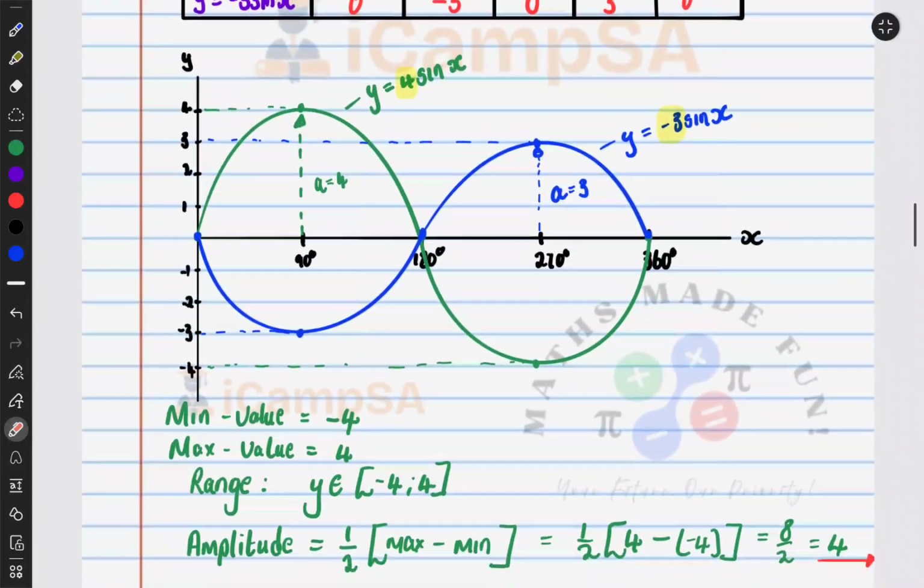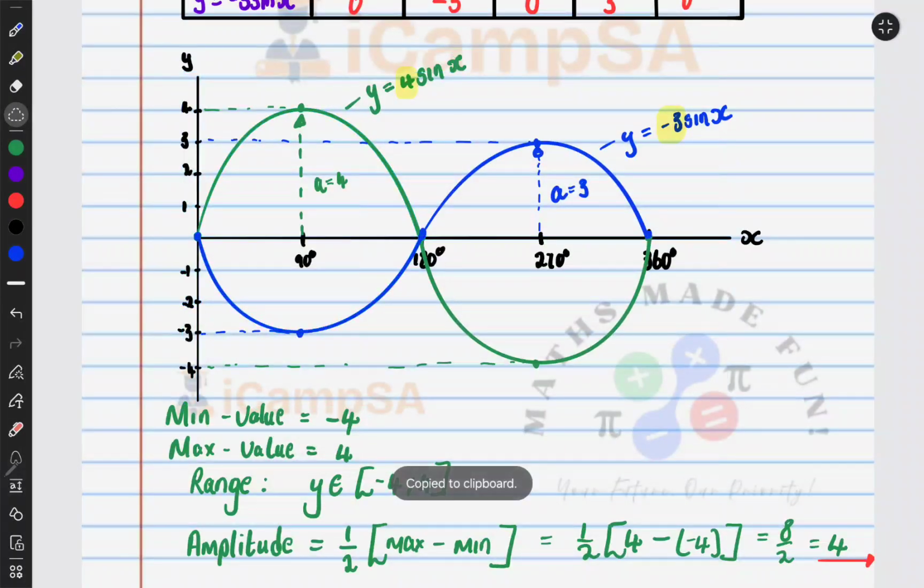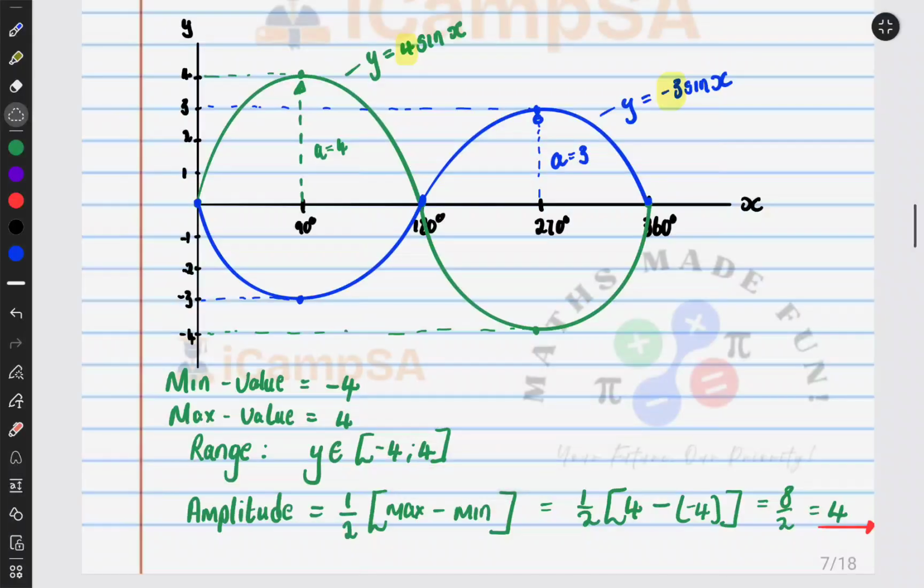Let's sketch now our function. Let me see.